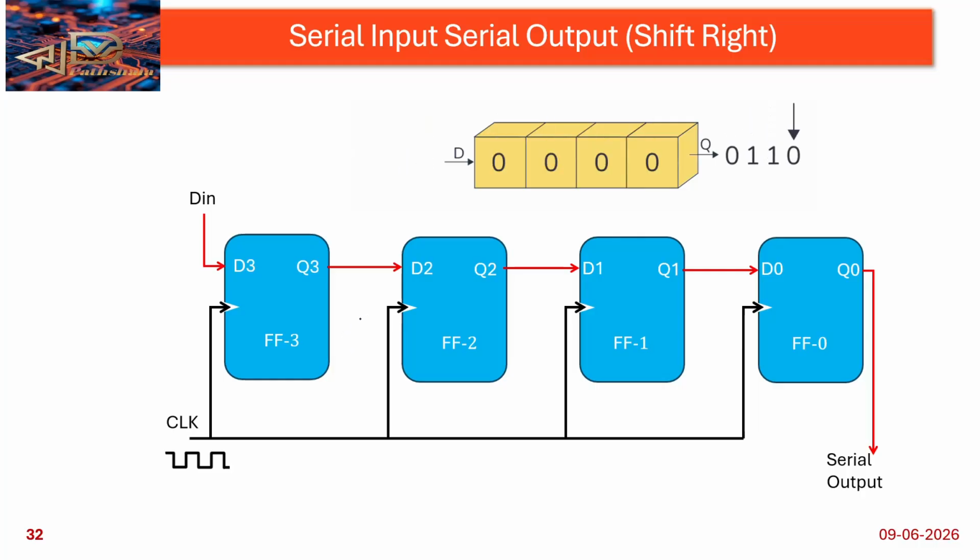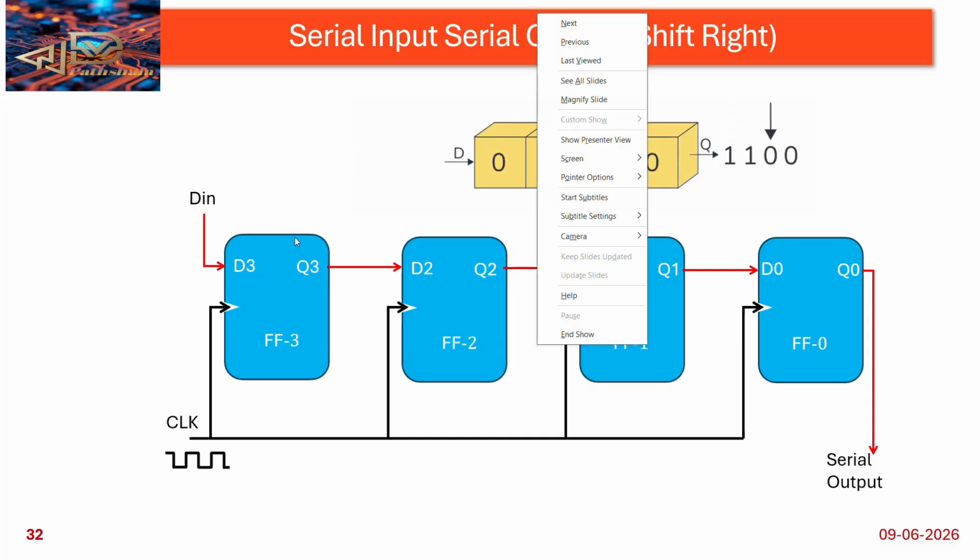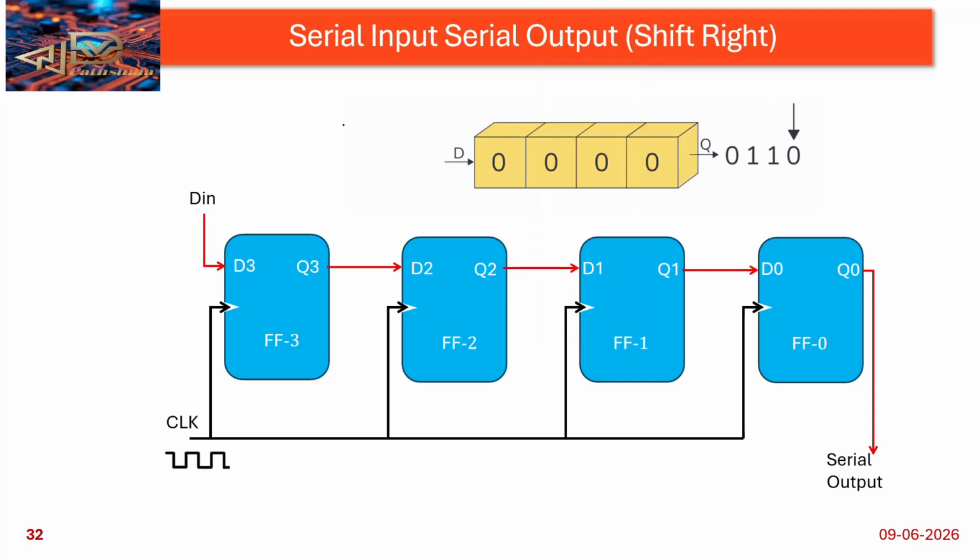After that, the data coming out also takes 4 cycles, but the last cycle, when we get the data coming out, is not considered. Then 2n minus 1 cycles are required to get all the data out of a serial in serial out shift register.